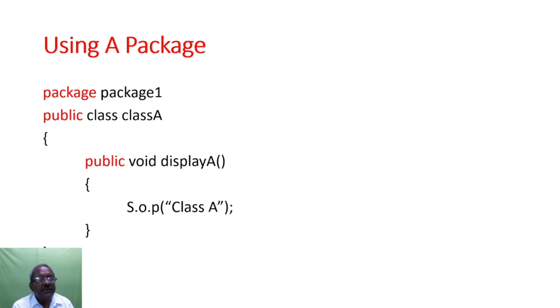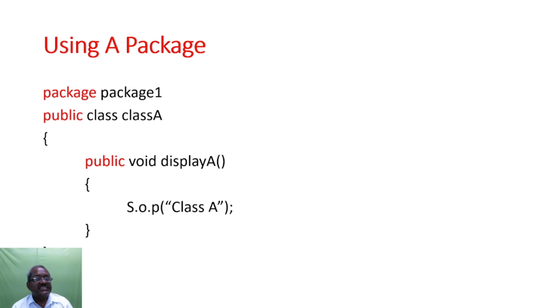For example, public class A, and public static void display, and actually I have used a shorthand form of system.out.println class A. So this is a definition of the class, public class.